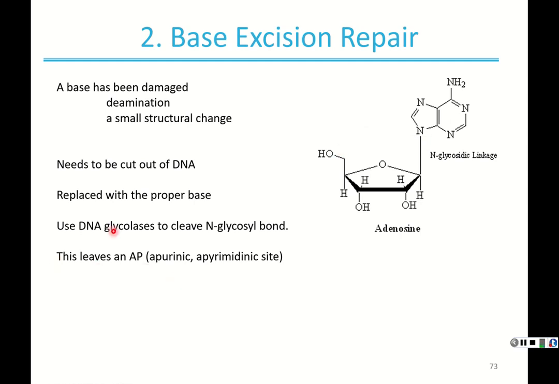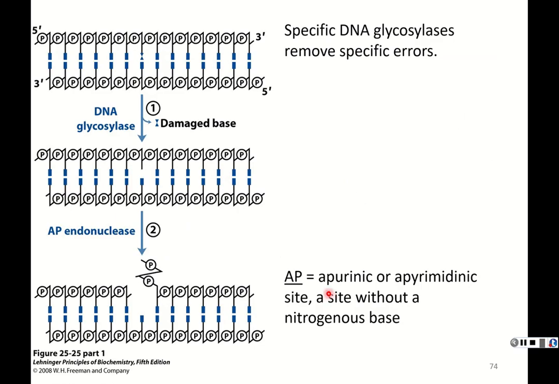And when that happens, it leaves what's known as an AP site, or apurinic site, which simply means you're missing a purine or missing a pyrimidine site. So AP just means you're missing the base. Right, so if we look here, our damaged base is shown in this figure right here.